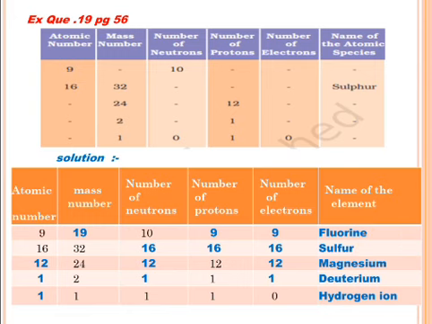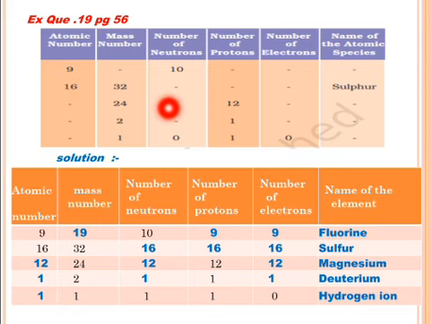See the third part of this question. Here atomic number is not given, mass number is given, 24. Again neutrons are not given, number of protons is given, number of electrons is not given, and name of the element is also not given. So from the number of protons we can find the atomic number. Number of protons is 12, so atomic number is 12, and number of electrons is also 12.